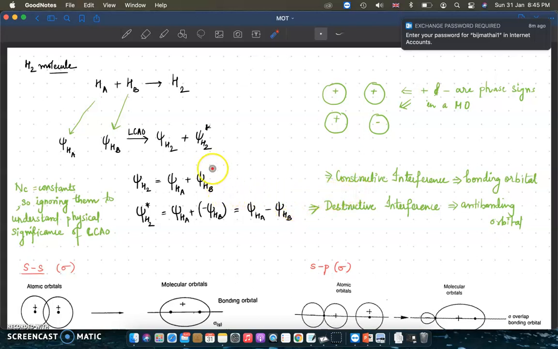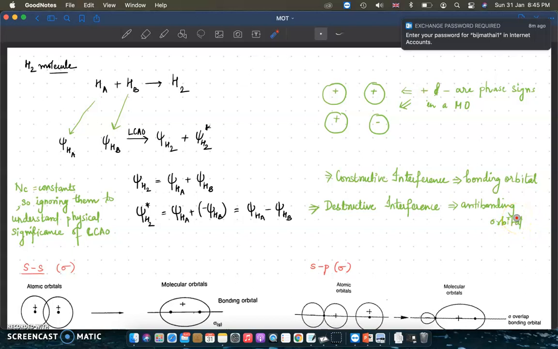In the first case, where both wave functions are in phase, it leads to a constructive interference of the wave functions, leading to what we call the bonding molecular orbital. When there is destructive wave interference between the wave functions, it leads to a negative overlap, or an anti-bonding molecular orbital.